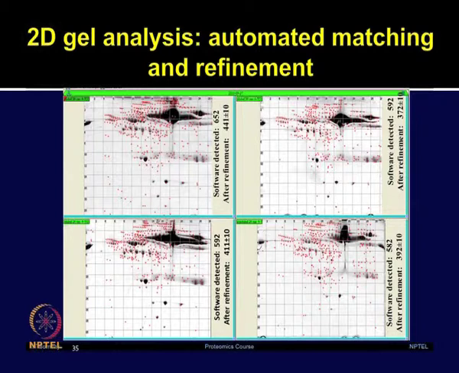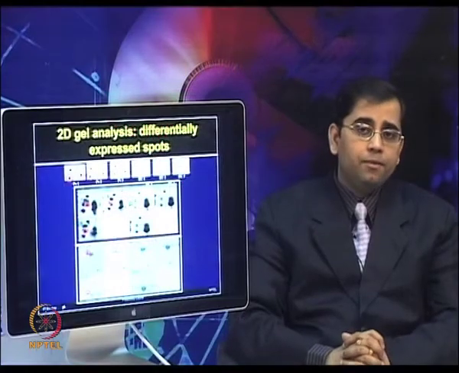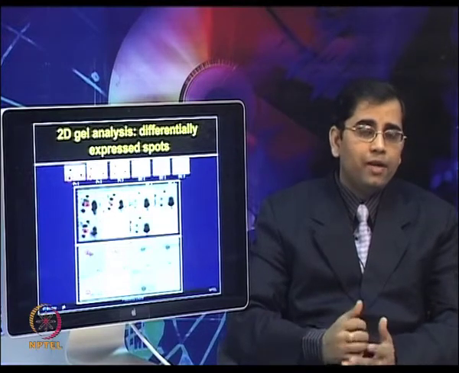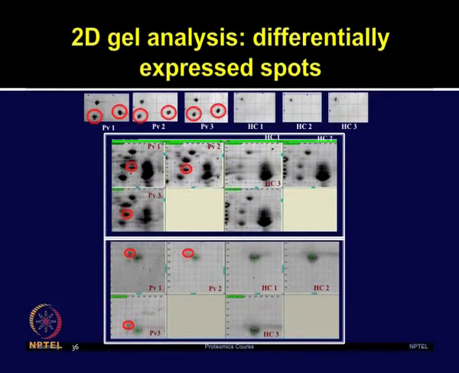Automated matching as well as manual refinements were performed to obtain how many spots are significantly modulated due to Vivax infection. As you can see in this slide, we looked at various controls and various Vivax patients. These are only a few patient samples here, but we analyzed a large number of samples, and selected those spots which were reproducible in all the patients.